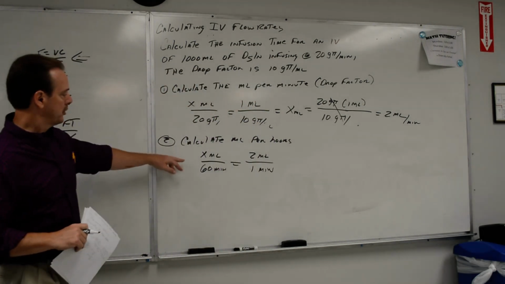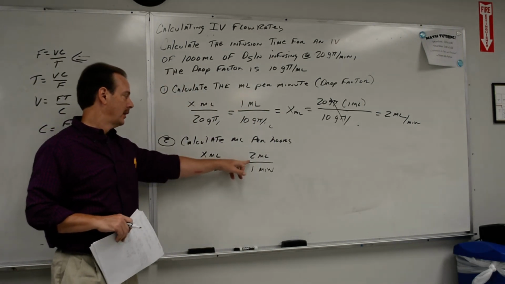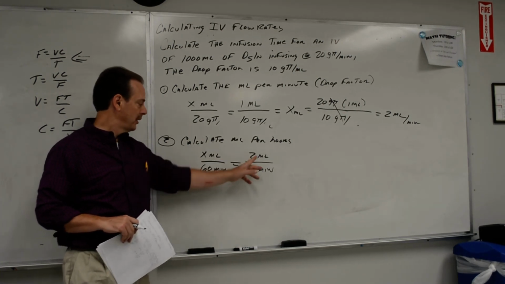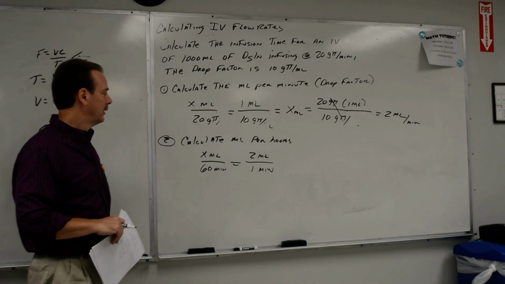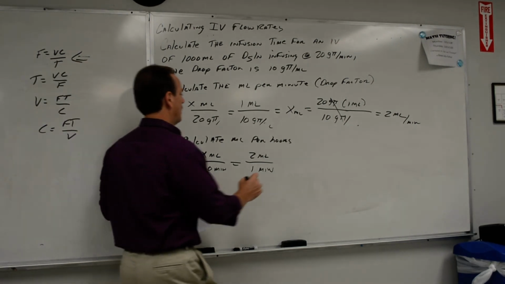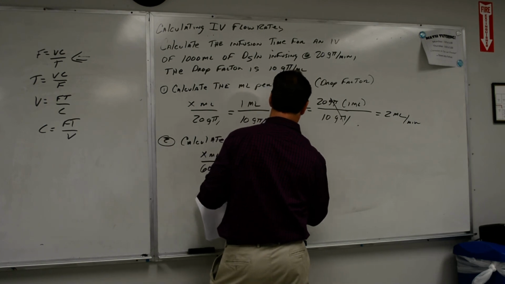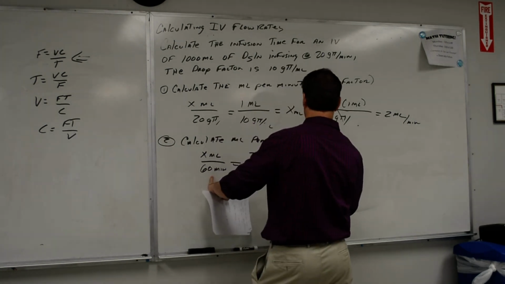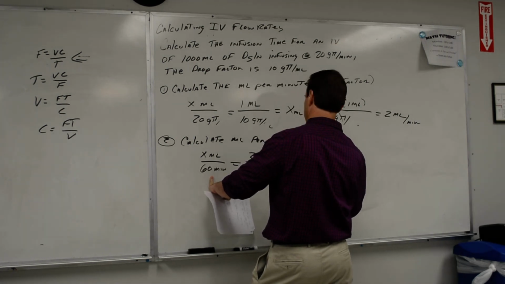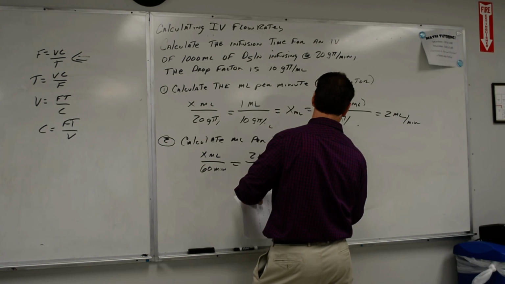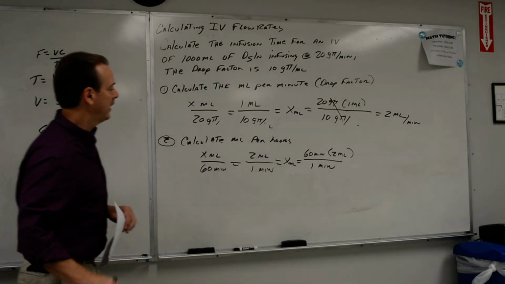We're going to know the milliliters per hour. There's 60 minutes in 1 hour. We start out with 2 milliliters per minute. So our ratio is milliliters, milliliters, minutes, minutes. Is it a proper ratio? Let's move to solve. After we calculate that out, what cancels?